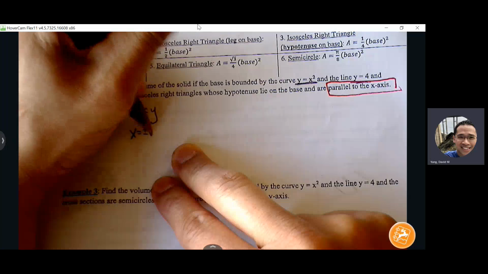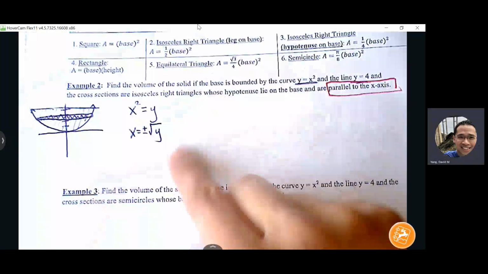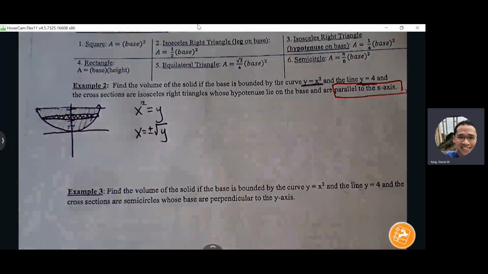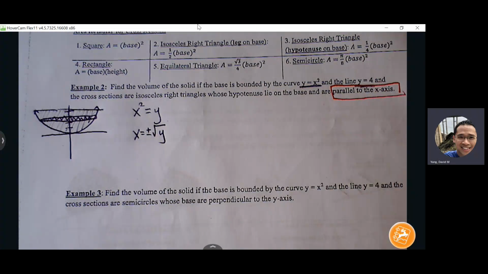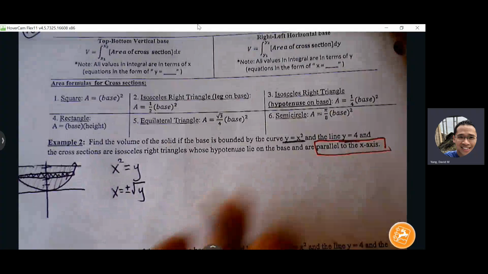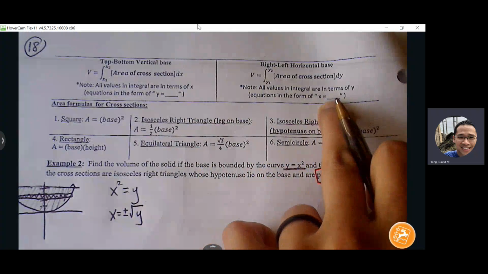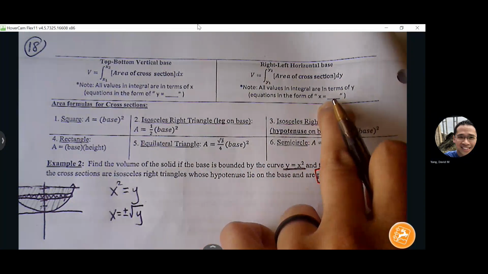Plus or minus square root of y. So in the calculator, we're going to use x, but on paper, we need to be able to solve for x equals because it's not the same equation.